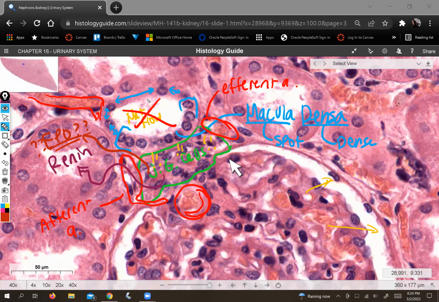So if flow is normal at some baseline, the JG cells will be quiet. If it drops and homeostasis is negatively disturbed, that's going to trigger the release of renin.